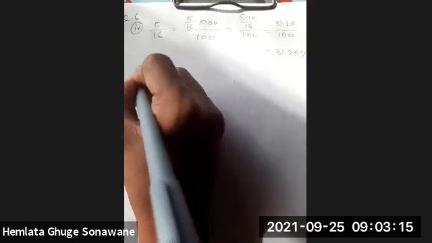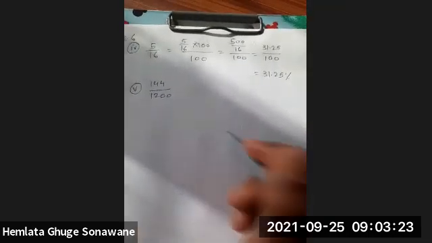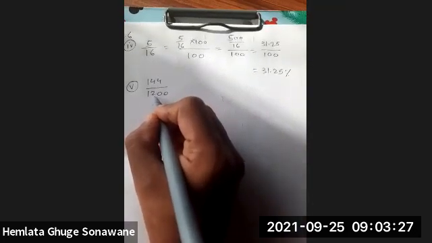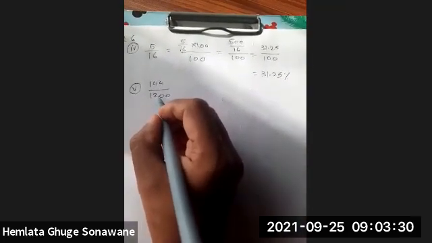Next example, fifth one, 144 upon 1200. Now here we can convert this 1200 into 100. How? By dividing by 12.